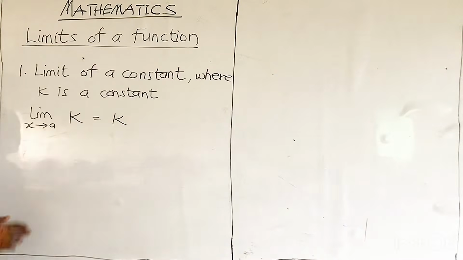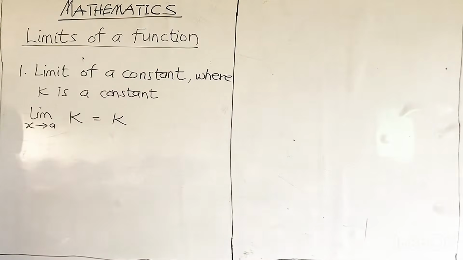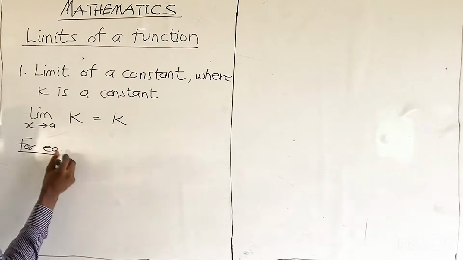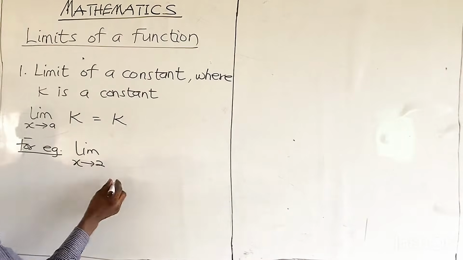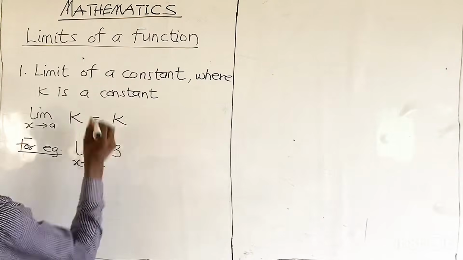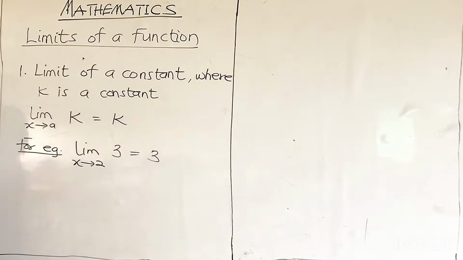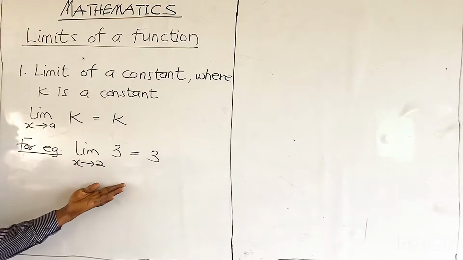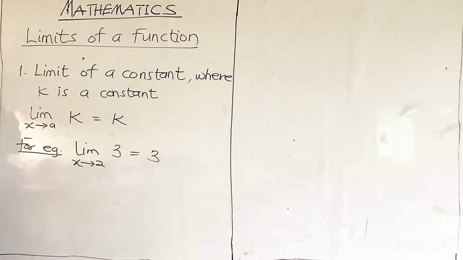In that case, we can't substitute a here, so we still get k. For example, limit as x approaches 2 of 3, we still get 3, because there is no x to substitute the 2 into. So here we still get 3 as the final answer.